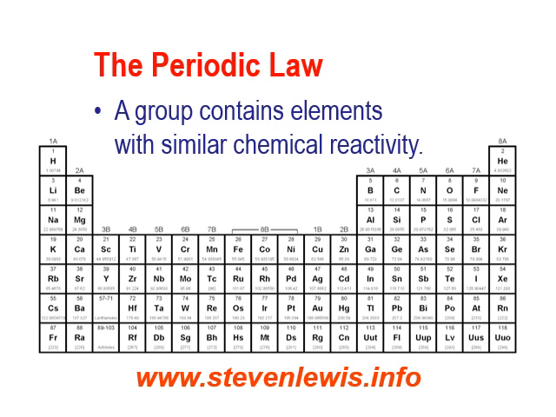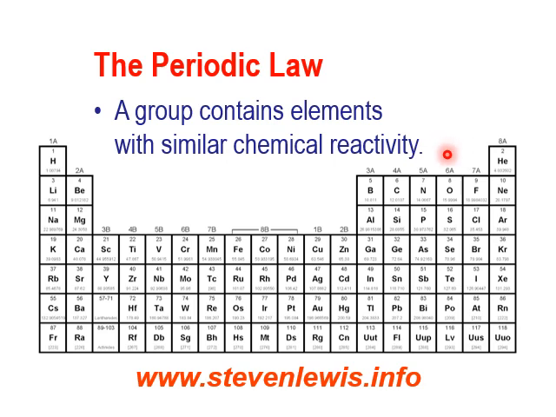The periodic law states that a group or column contains elements with similar chemical reactivity. So, group 8 elements, headed by helium, have a full valence shell of electrons. Group 7, headed by fluorine, is going to be short 1 valence electron.